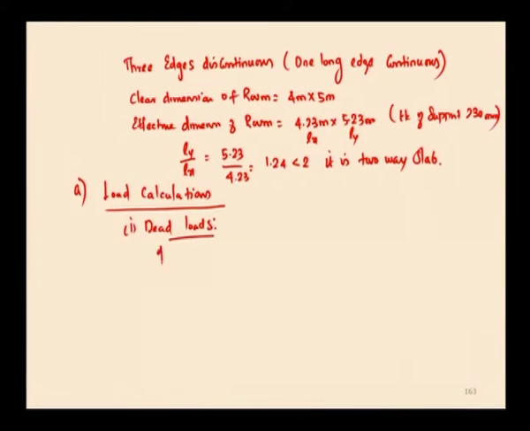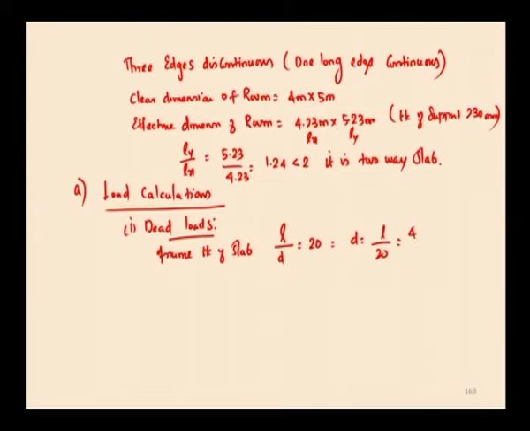First, we are going to assume the thickness of the slab from the deflection criteria, that is L by D ratio is equal to 20. In the case of a rectangular two-way slab, we use the shorter direction for calculating the depth of the slab from the deflection criteria.